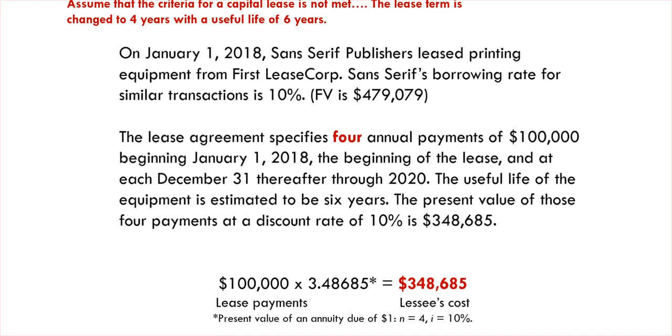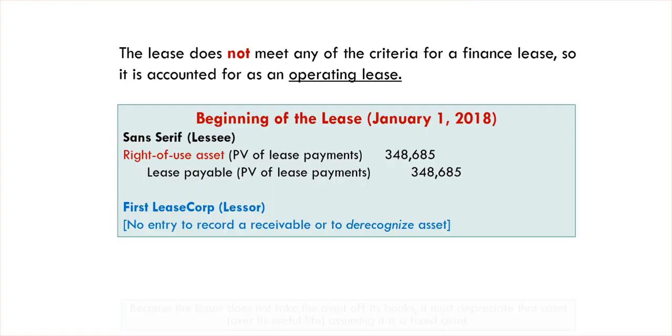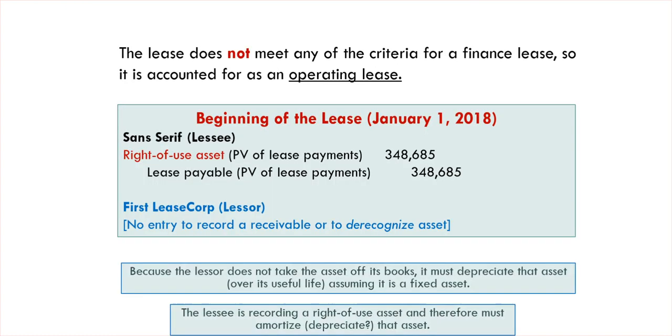Here they changed something in it, so when you do the work and you work through the criteria, it comes up being an operating lease. So it does not meet any of those for a finance lease. It's an operating lease. Well, this really looks quite the same as if it had been a financing lease, because the lessee is going to put a debit in there for this right of use asset and create a lease payable.